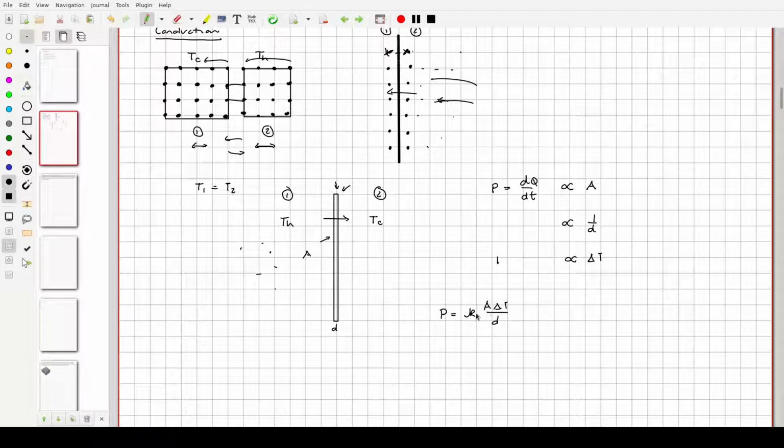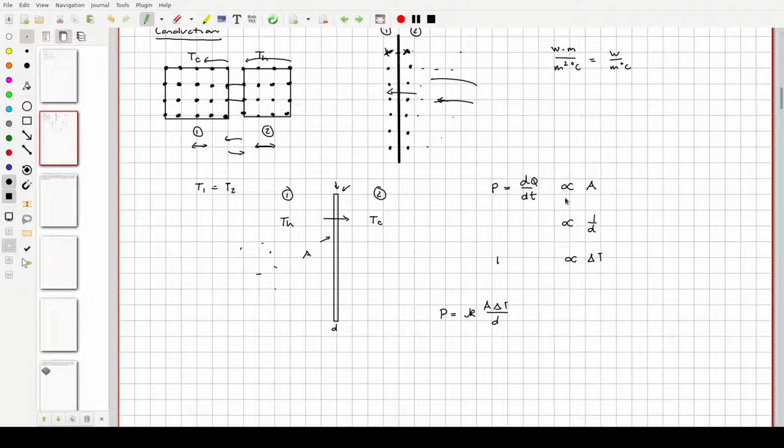This is a coefficient of thermal conductivity, okay, called K. And if you look at the units, they are watts times meters over meters squared times degrees Celsius, or watts per meter degree Celsius.